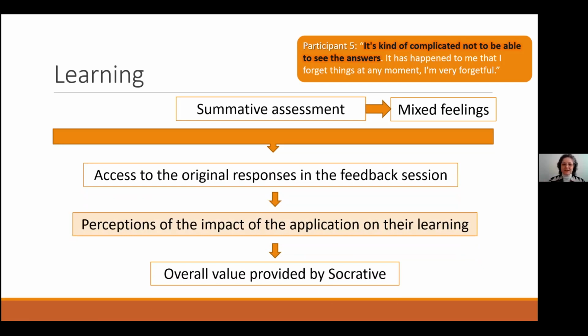So by giving students access to their original responses in the feedback session, providing instances for discussion sessions, students are able to have access to their responses and compare their mistakes against the feedback. So these adjustments may help improve the rather neutral opinions students reported regarding the overall value provided by Socrative.